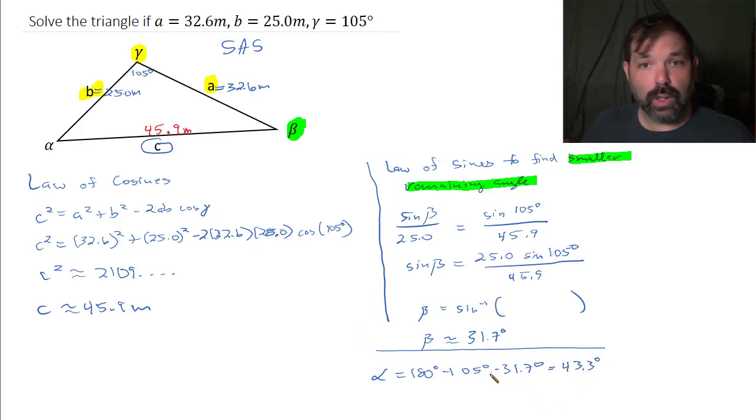So to use the law of cosines in the side-angle-side situation, we first use the law of cosines to solve for the third side of the triangle. Use the law of sines to find the smaller remaining angle, and use the fact that there are 180 degrees in a triangle to find the third angle.